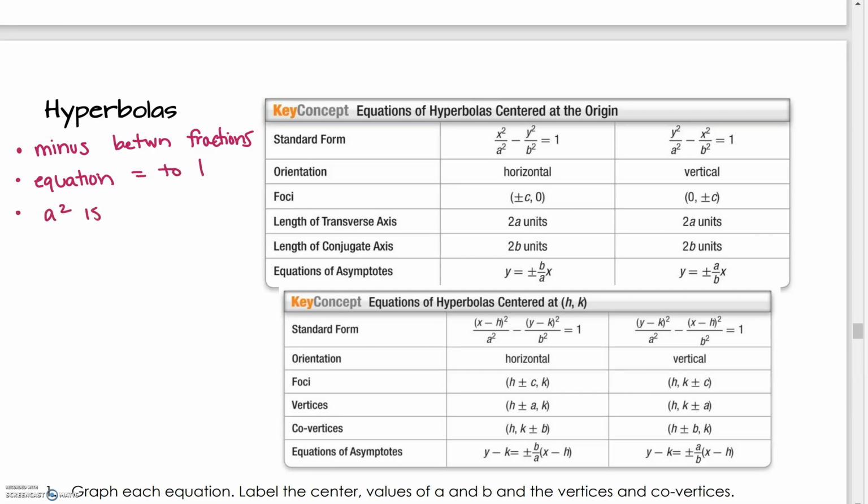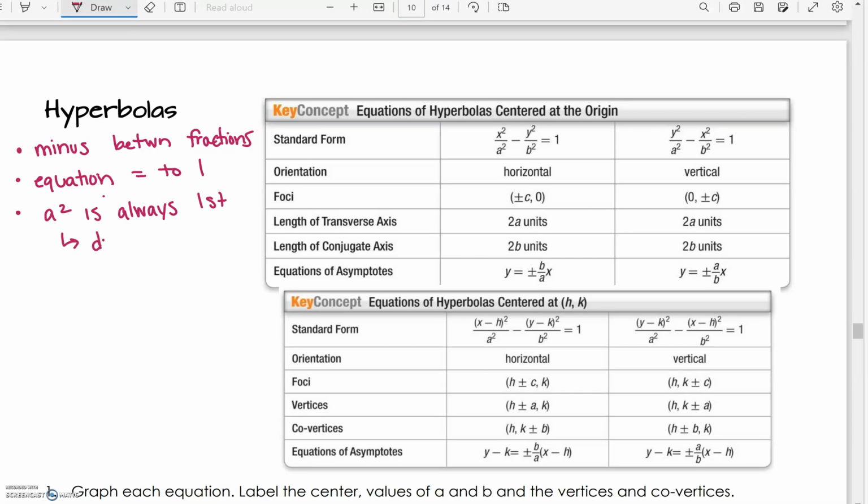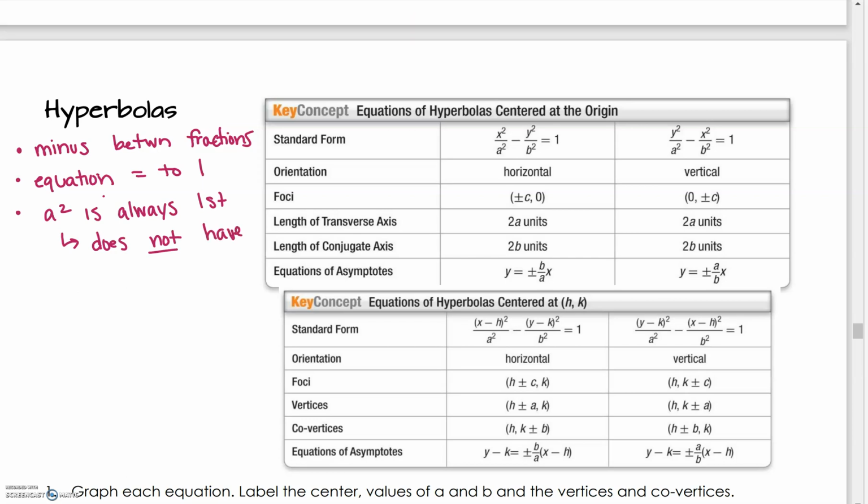A squared is always first, so it does not have to be bigger. And remember that when we were talking about ellipses, the A did have to be bigger.